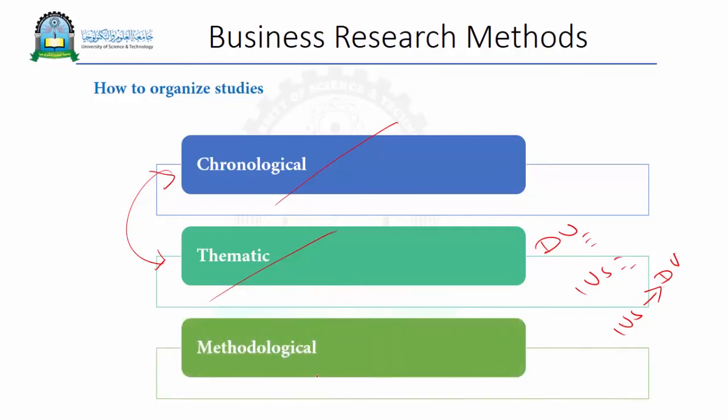The third one is methodological. This is used sometimes to organize the studies according to the method used. So quantitative research, for example, is classified as one section, and another section is qualitative.